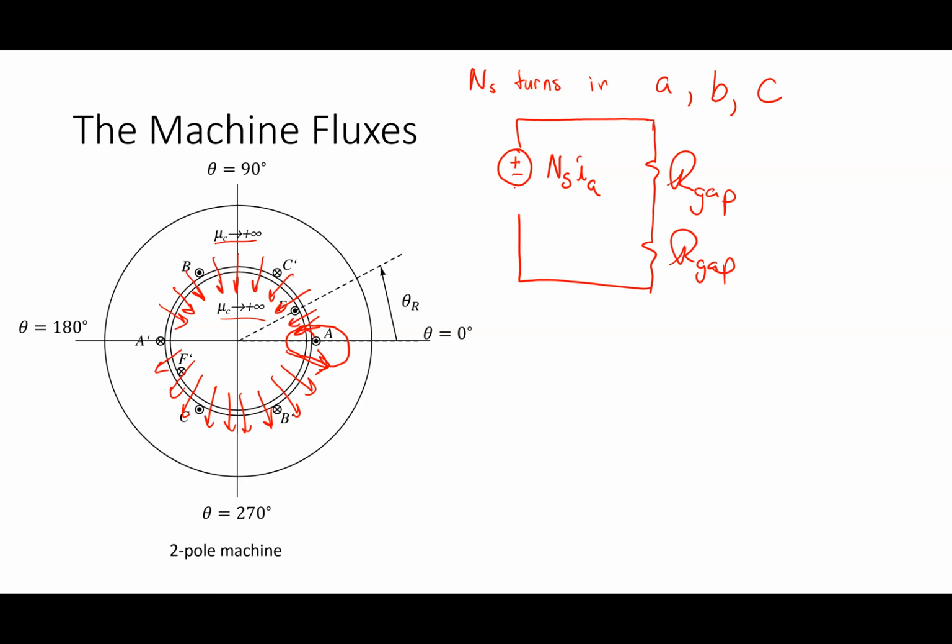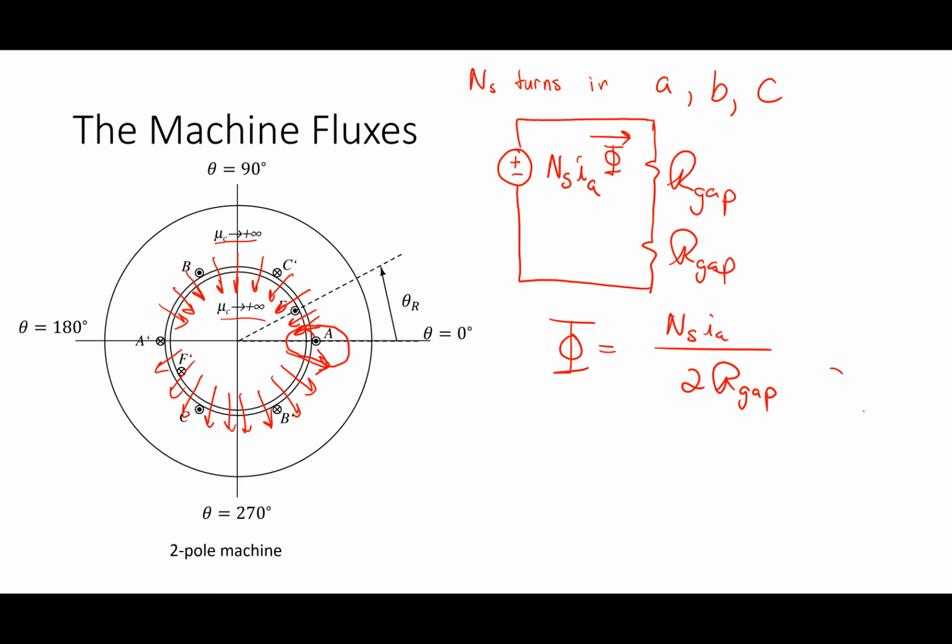And so I solve for the what in this thing? What's our magnetic equivalent of the current here? Flux. So I would say that phi equals, in this case, NS IA over 2 times the reluctance of the gap.